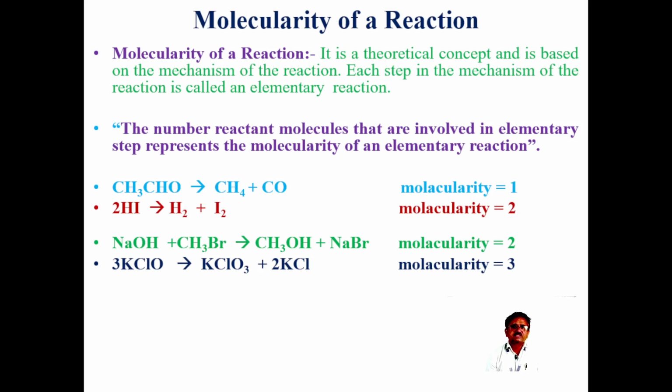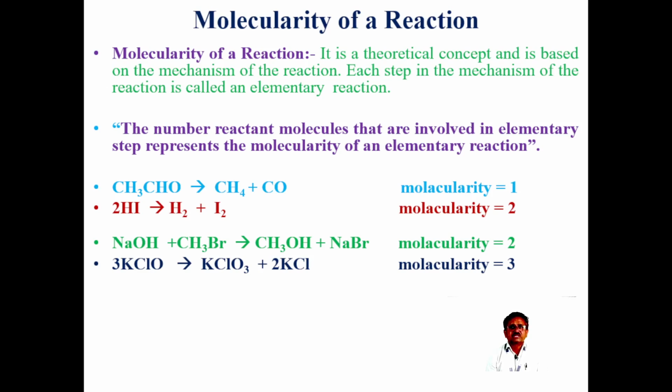Let us see another term used in chemical kinetics, that is molecularity of a reaction. Molecularity of a reaction is a theoretical concept, while order of reaction is an experimental concept we studied.